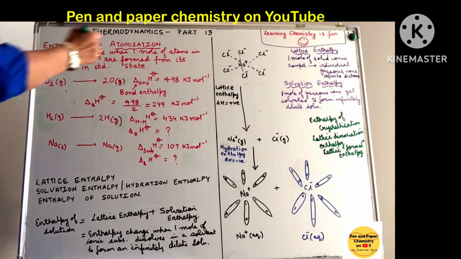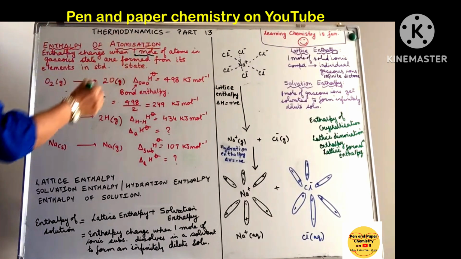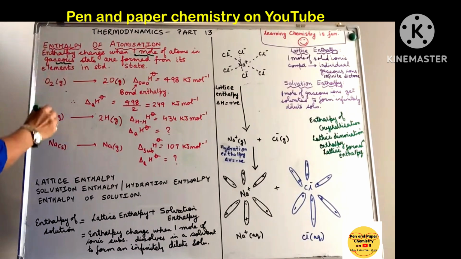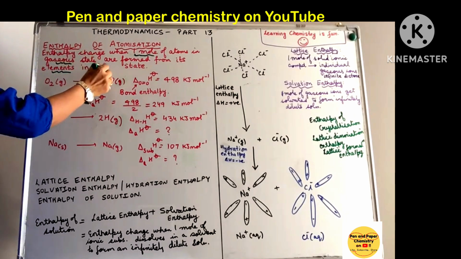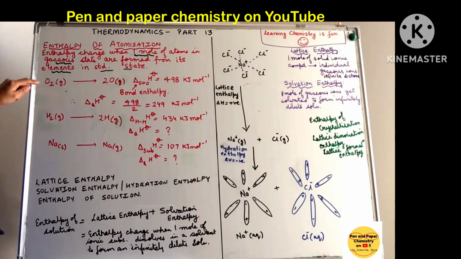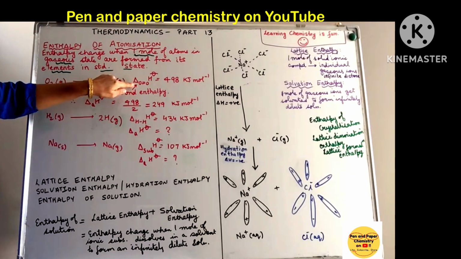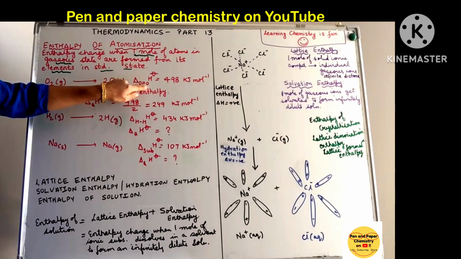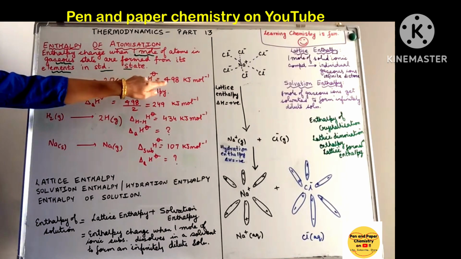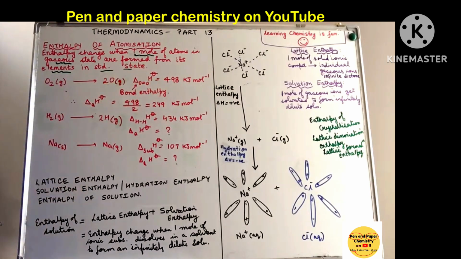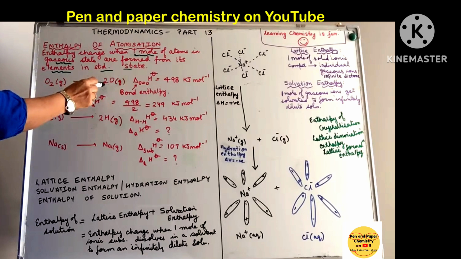So if you notice over here, the terms to be stressed here: 1 mole of atoms, gaseous state and formed from the elements in the standard state. For example, oxygen, the standard state is gaseous form. This breaks down to give you 2 oxygen atoms in gaseous form. We know that the standard bond enthalpy for oxygen is 498 kilojoule per mole. Now this is the enthalpy change if you notice when 2 mole atoms of oxygen are formed.